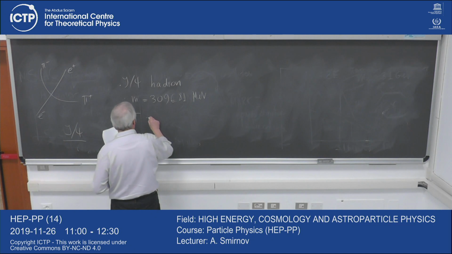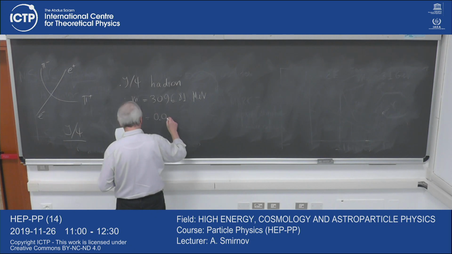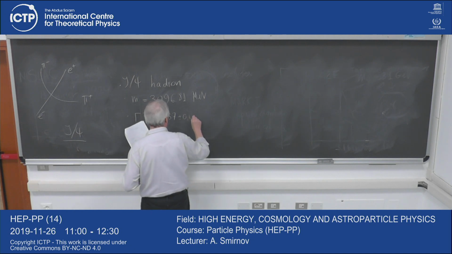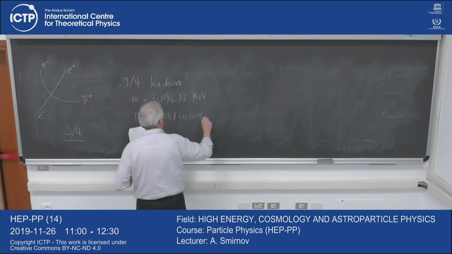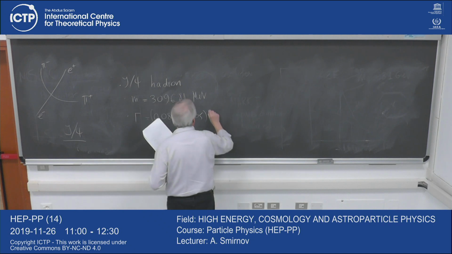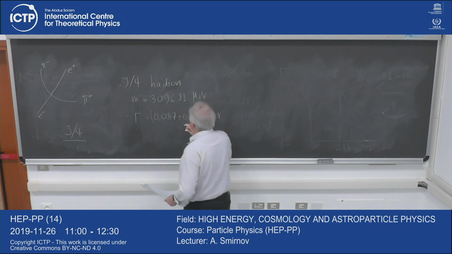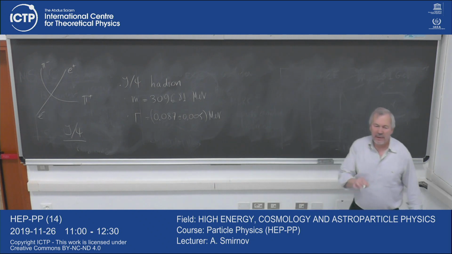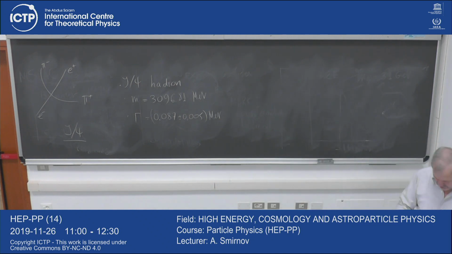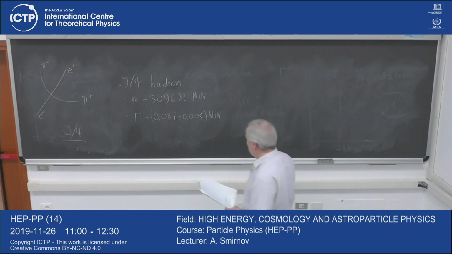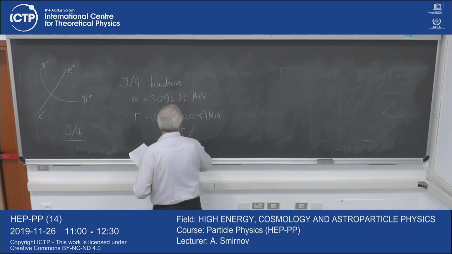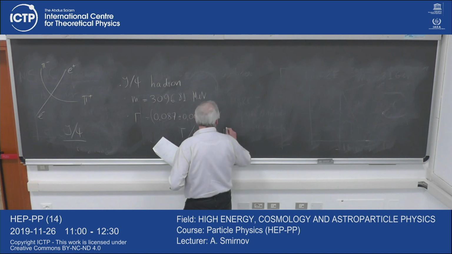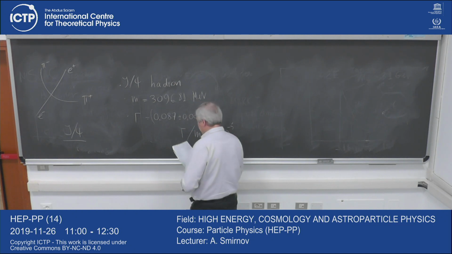So gamma is 0.087 plus minus 0.005 MeV, which is much smaller than the mass of the particle, and that corresponds to a very narrow resonance, in fact. And gamma over m is here 3 times 10 to the minus 5.